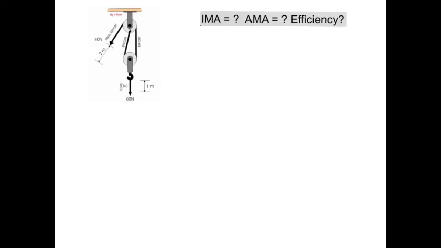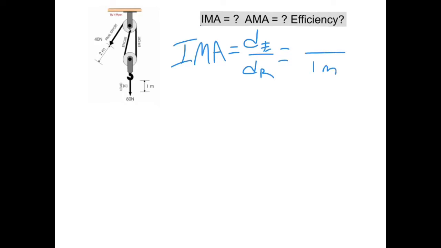Let's go ahead and do an example problem. There are two different ways you can find IMA. One of those being the way I just showed you with counting the strands, where you say 1, 2, and the other way is to find it mathematically. IMA equals dE over dr, which equals, right here, our distance resistance is 1 meter, and our distance effort, over here it tells us, is 2 meters.